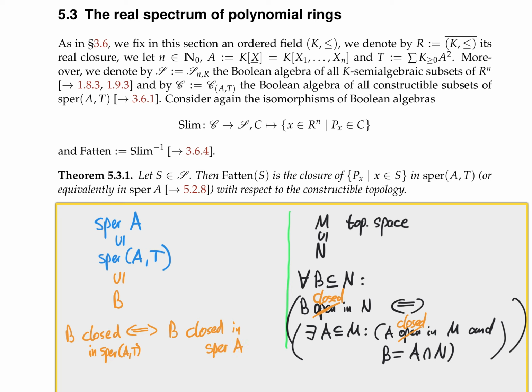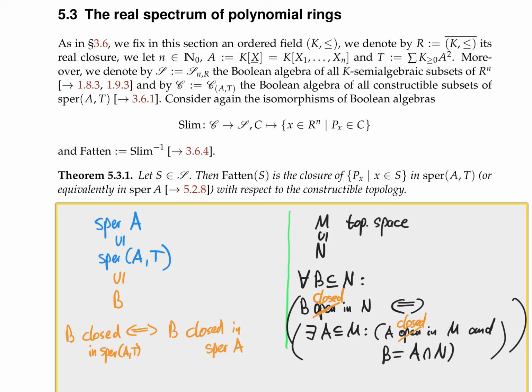Because if it's an intersection of a closed subset of the real spectrum of A with the real spectrum of A_T, then it is actually closed in the real spectrum of A, because an intersection of closed sets is closed, since that set is closed in the real spectrum of A. That would be true for both the constructible and the spectral topologies, but what I needed was the constructible topology now.